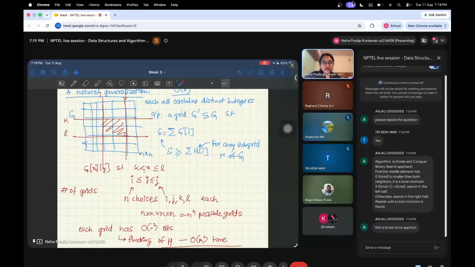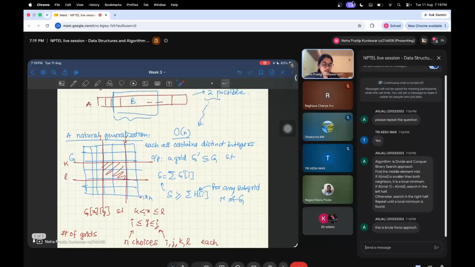Okay, so one hint is to think about what you did in the 1D case, when you did not have this matrix or grid, but only had one subarray. So what did you do?